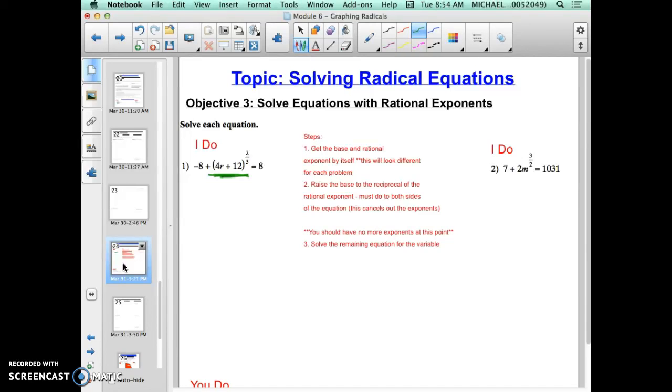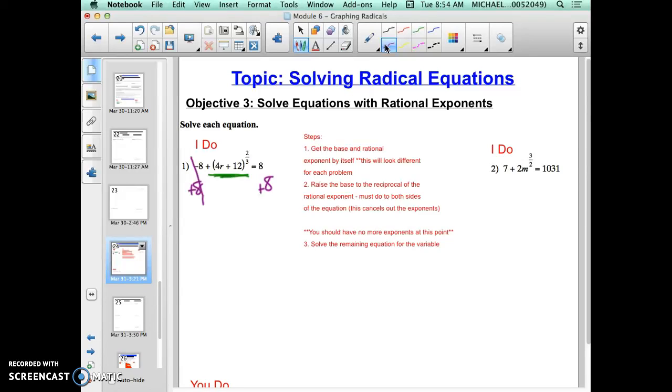So the base in this case, 4r plus 12 in parentheses, is on the left side. So I need to get it by itself on the left side. There's only one other thing that exists on the left side with that. It's a negative 8 being added to it. And so the opposite of a negative 8, I have to add 8 to both sides. Once I do that, I'm going to rewrite what I have left on the left side. Adding 8 to the left side cancels out the negative 8 there.